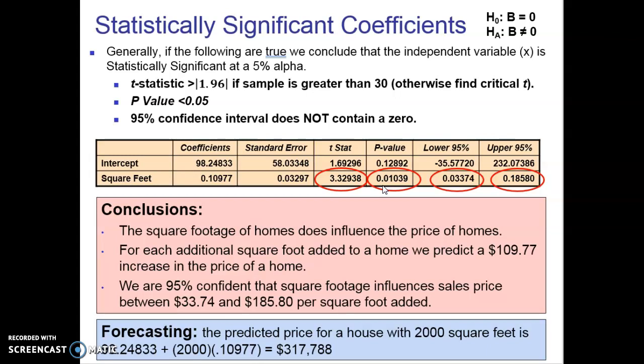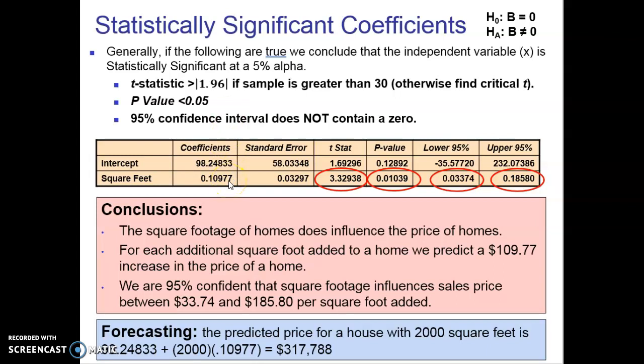Now, why did we use a p-value of less than 5% as our standard for establishing the statistical significance? Because we already said we're going to use a 95% confidence level. And that means that there is 5% of our data in the tails, which means 5% of the time you would expect to get sample coefficients that lie in the tail.